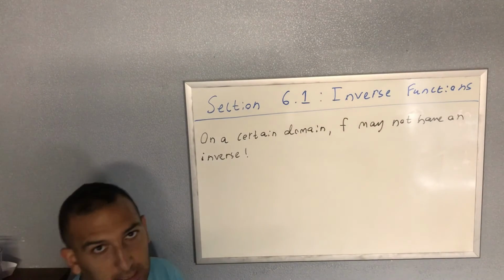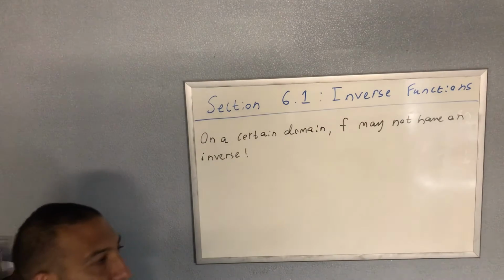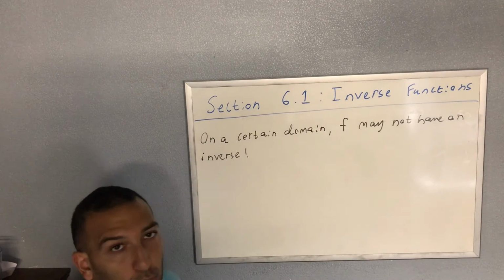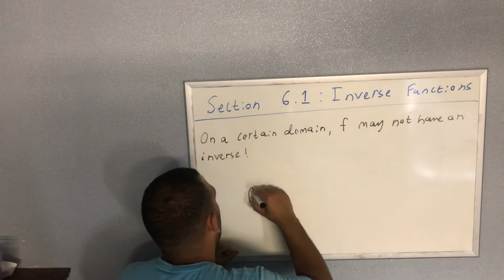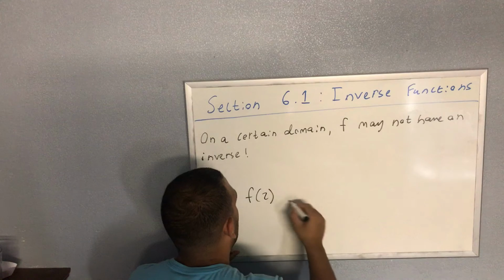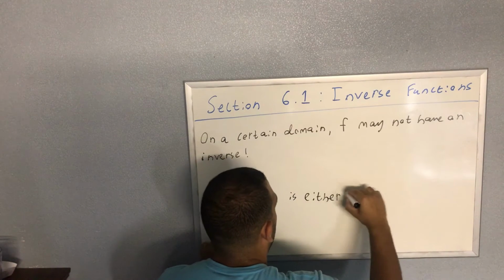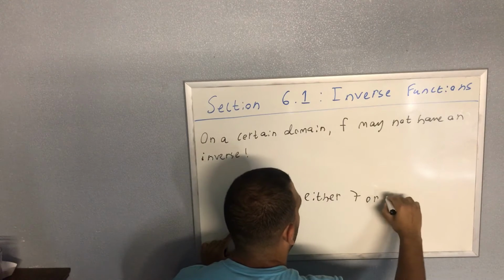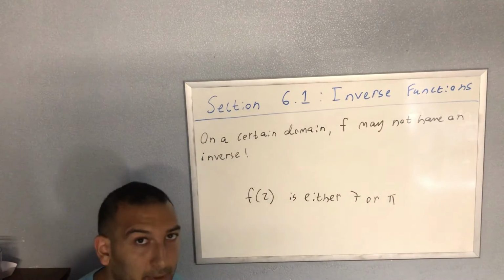The original definition of a function that you learn, whenever you start talking about them, is every input just gives you one output. So if you tell me f of 2 is either 7 or pi, that's not good. Because I'm going to be like, I need it to be one particular number.